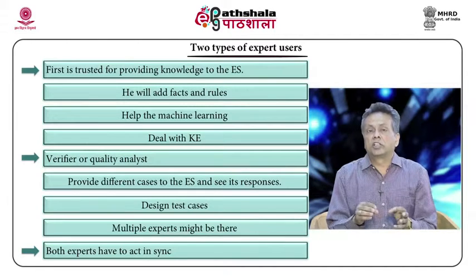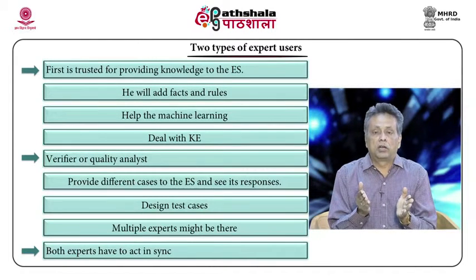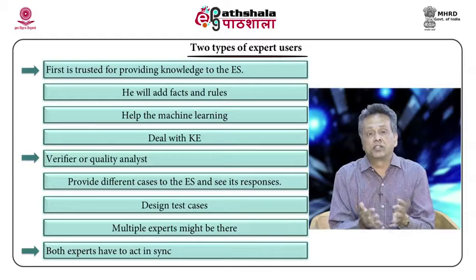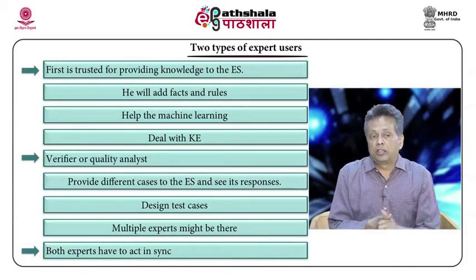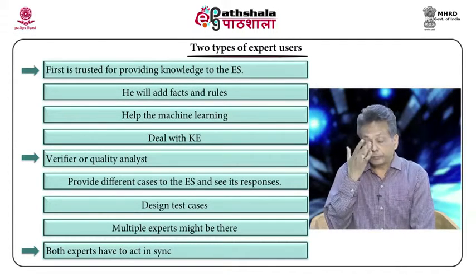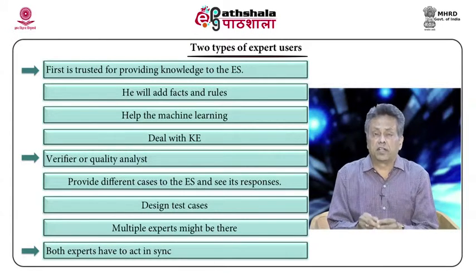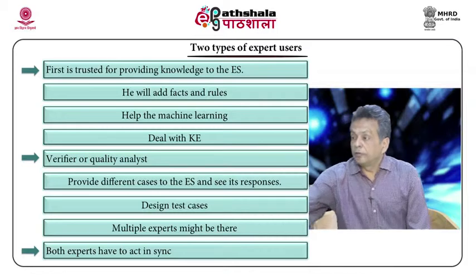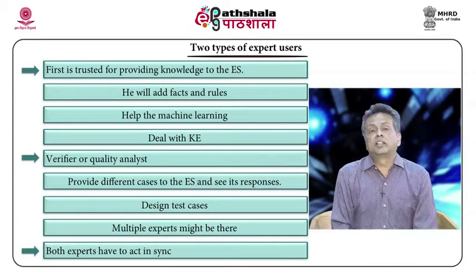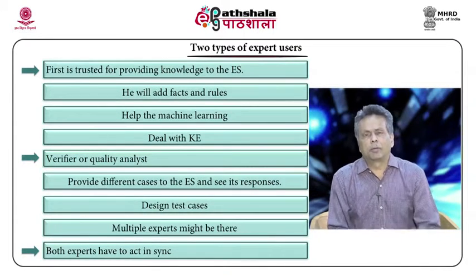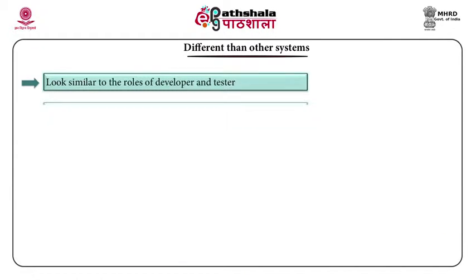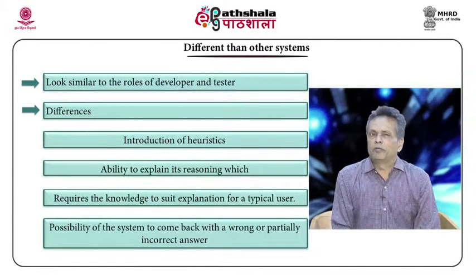The other type of expert is kind of a validator; it provides test cases to assess the effectiveness of the expert system, and both of these experts will have to act in sync. But if you feel that these two experts look quite similar to the developer and tester of conventional systems, there is some difference.